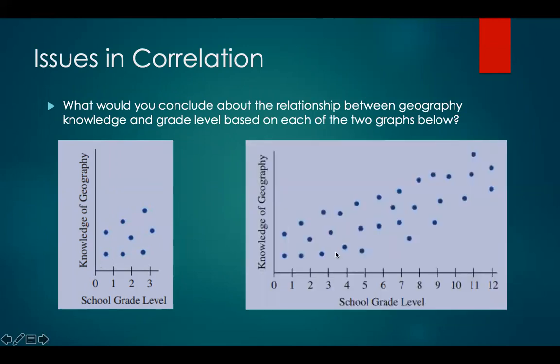But when we look at the graph showing all of the possible grade levels, we do see that there is a linear trend. So when you truncate this graph and only look at grades 1 through 3, geography level and grade level don't really track together. But when you look at them across grades 1 through 12, they track positively and linearly.